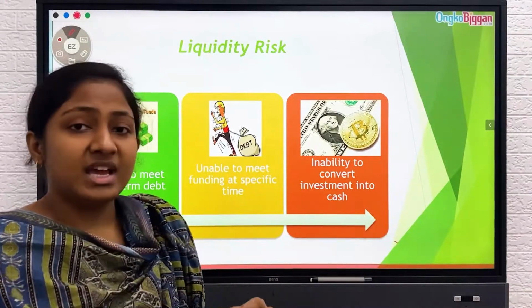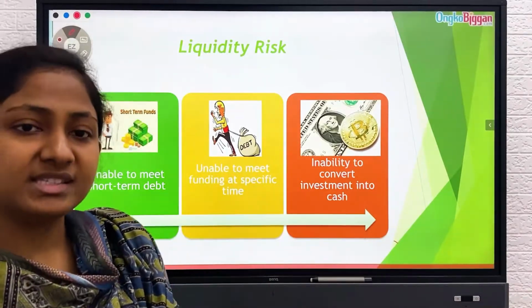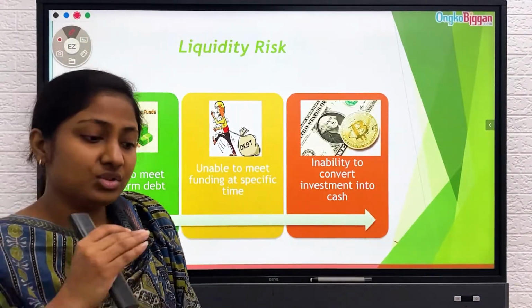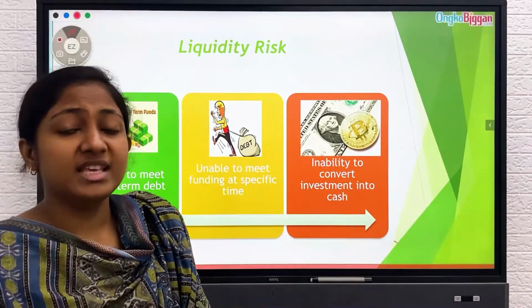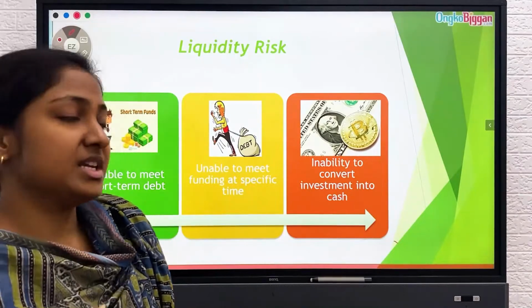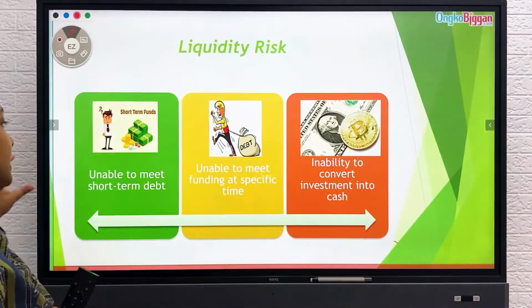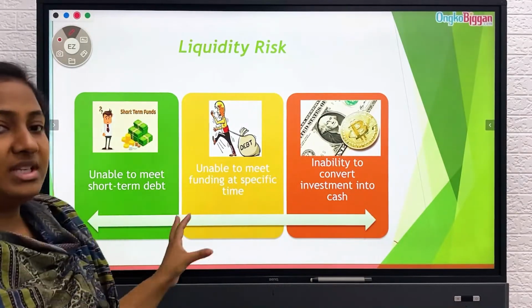So if there is no way to exit these limited buyers, getting back money from them will be very time consuming and frustrating. That's why we are saying this is liquidity risk.